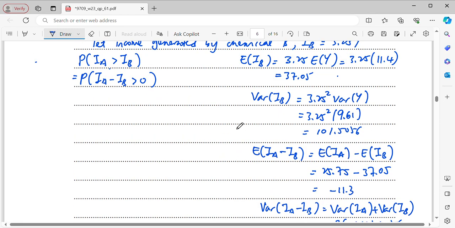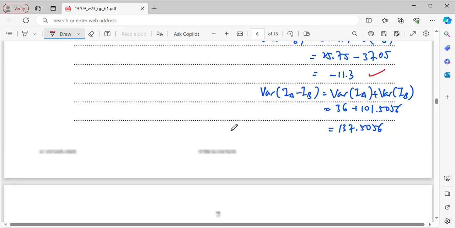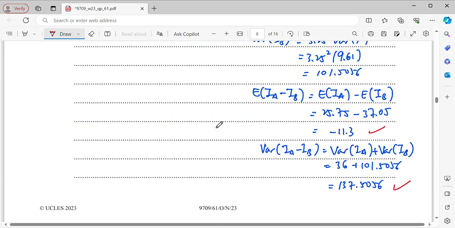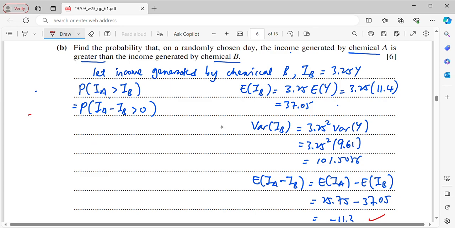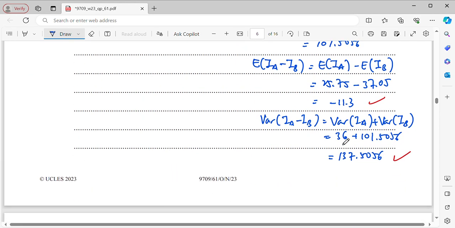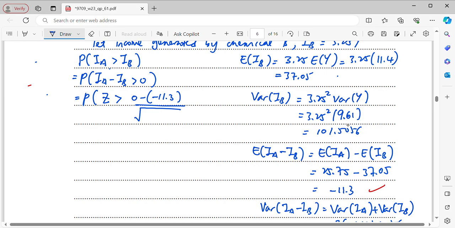Alright, so now I refer to these two values to standardize the variables. When I standardize, it will be P of Z more than 0 minus the mean. The mean now is negative 11.3 over the variance, which is 137.5056.